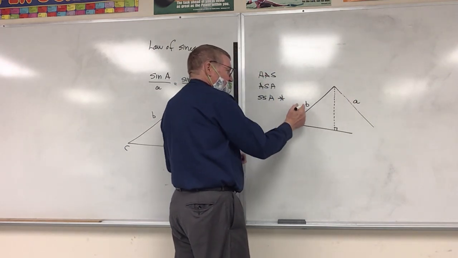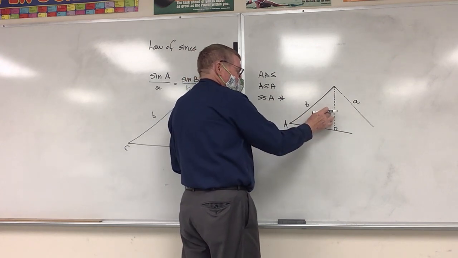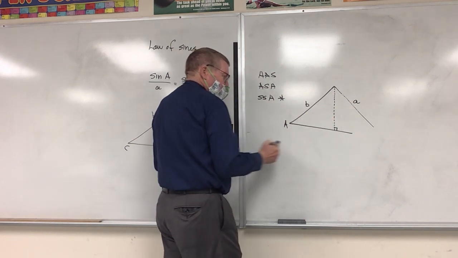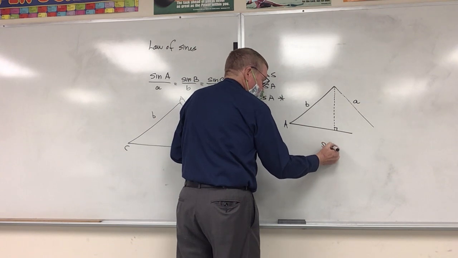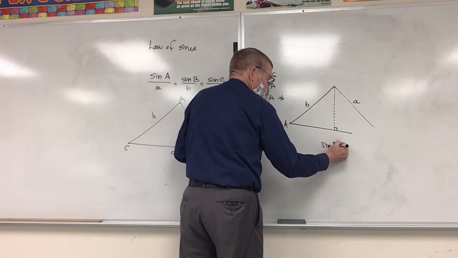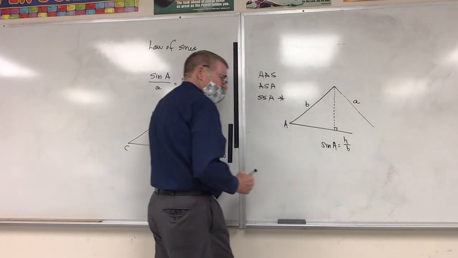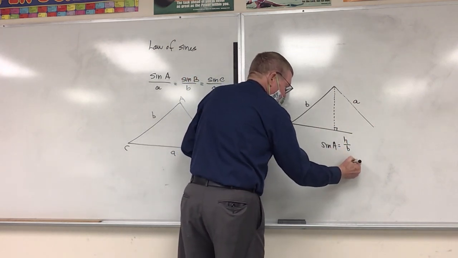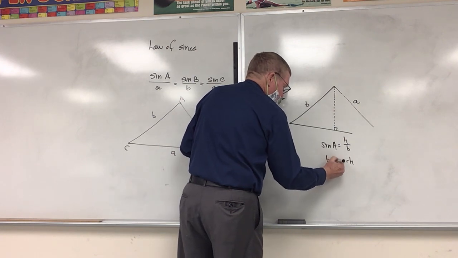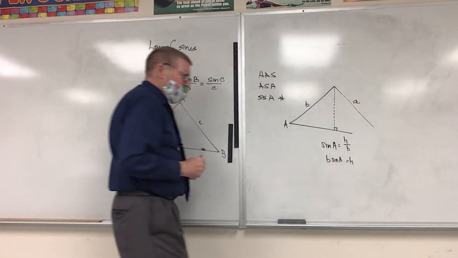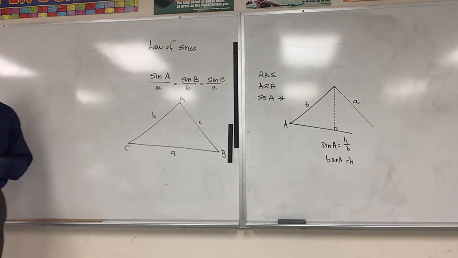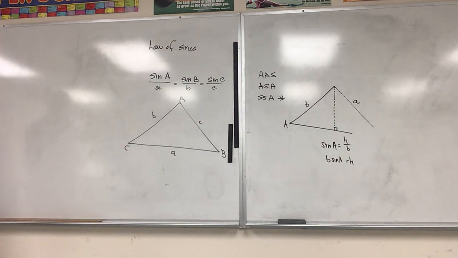If I know this angle, I know this side, and I want to know this side, I would use sine of A equals H over B. To get this, this height equals B sine A. That would give me a value. That would be the shortest length that we could possibly have a triangle.